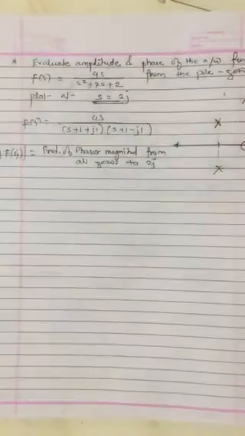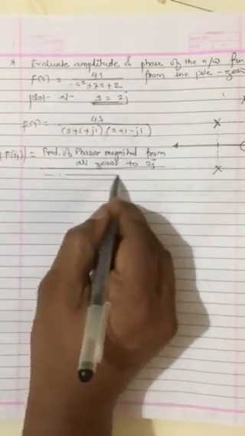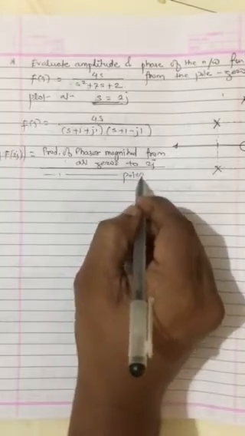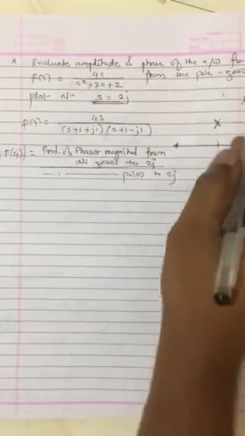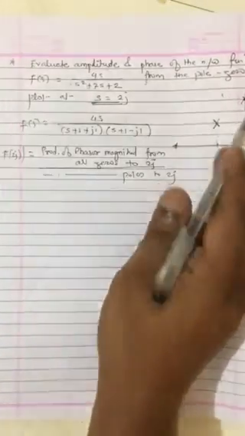Similarly, as we have seen earlier, we will take the product of all phasors from the zero to 2j, and at the same time the product of phasor magnitudes from all poles to 2j. The separate point is given and we are asked for that particular point only. Previously, we used to do it for each and every particular pole, right? So here we will find it for 2j only.